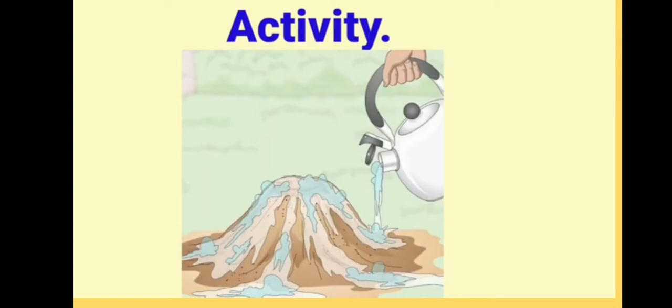Students, do you know what happens? When the water falls, it flows from the upward direction to downwards towards the ground. And where there is a steeper slope, the water runs very fast. And where there is a gentle slope, it flows slow.